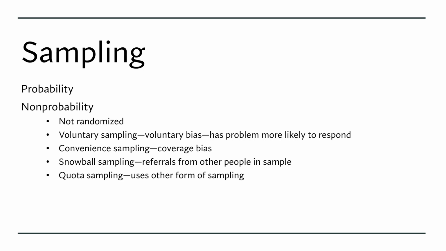Quota sampling. This is one of the most common forms of non-probability sampling. Sampling is done until a specific number of units, or quota, for various subpopulations has been selected. Quota sampling is a means for satisfying sample size objectives for the subpopulations. The quota may be based on the population proportions.